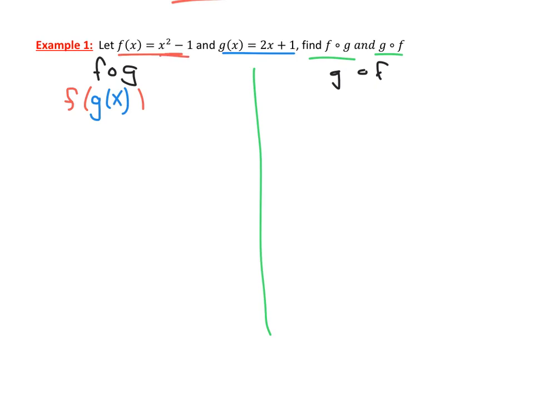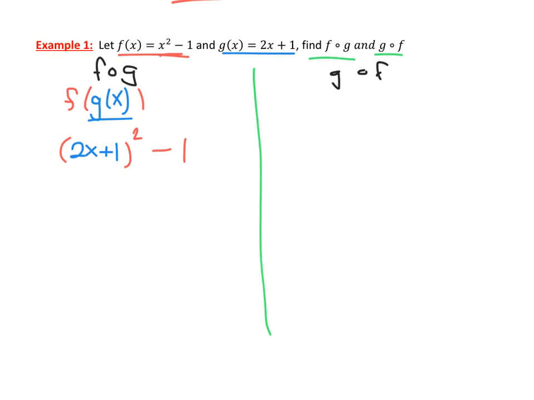So I see it's x squared minus 1, so I'm going to put parentheses squared minus 1. Now, what goes inside the parentheses? Well, g of x goes inside the parentheses, so 2x plus 1. And you can see I'm using different colors. It does help make things go a little bit clearer on this particular topic. So I like to use the different colors whenever I first start it.